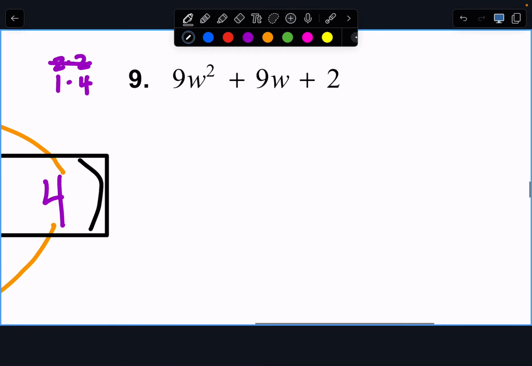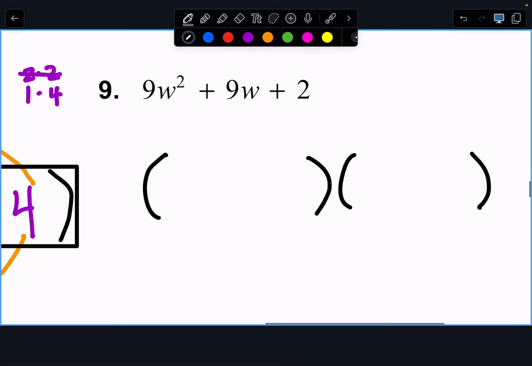Let's look at number 9. I like number 9 because everything's positive, and I just think that's going to be nice. So in number 9, lots of 9s in number 9.